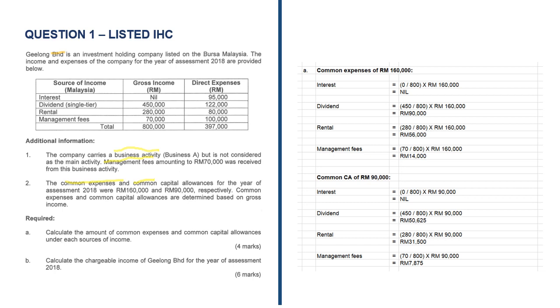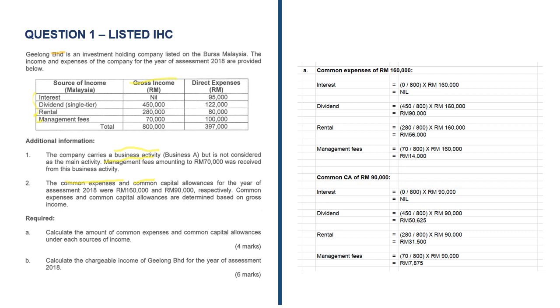Since dia common, kita nak kena apportion kepada 4 sources of income here. Alright, lepas tu dia kata how to apportion common expenses and common CA are determined based on gross income. So nak apportion, kita akan tengok dekat gross income.